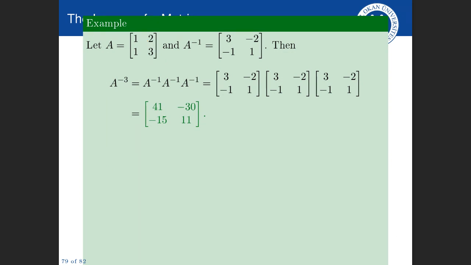Then I want to calculate A to the power minus 3, by which I mean A inverse multiplied by A inverse multiplied by A inverse. And I also want to calculate A to the power 3, and then take its inverse. And that should be exactly the same according to the theorem.